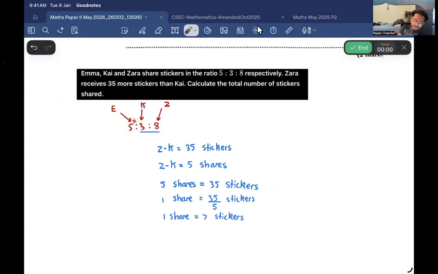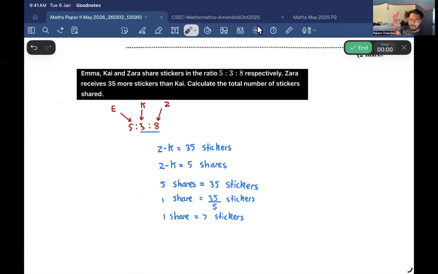So if this is 5 shares, how much is 1 share? 7. Right. So how would I find for 5 shares? You multiply 7 by 5. Right? Cool. How would I find how much stickers Kai got? You multiply 7 by 3.